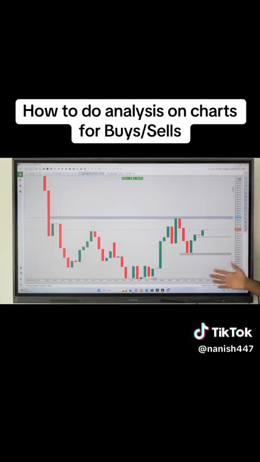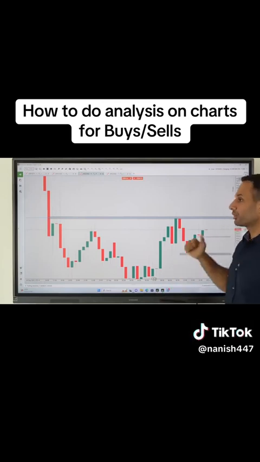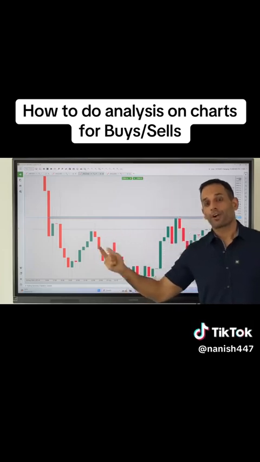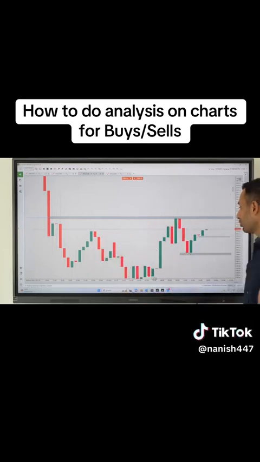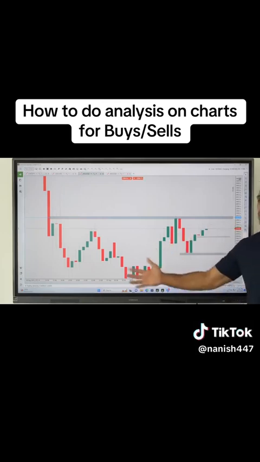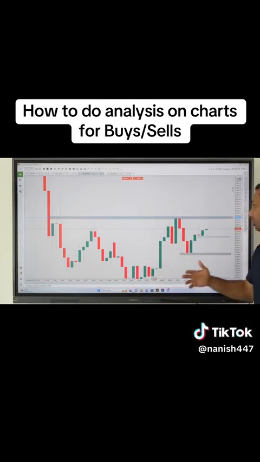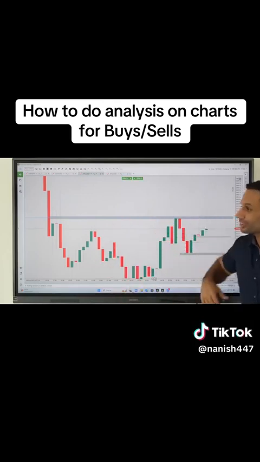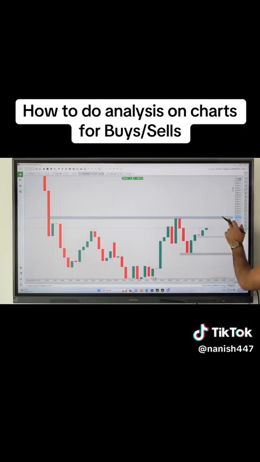So whenever you're doing analysis on the charts, you have to start from the daily, obviously daily, 4 hour, 1 hour, 30-minute, and as you move down the time frames, you have to adjust those zones, because adjusting those zones is very important. Only then will you be able to see which zone matters, how to do the zones, how fat your zone should be.